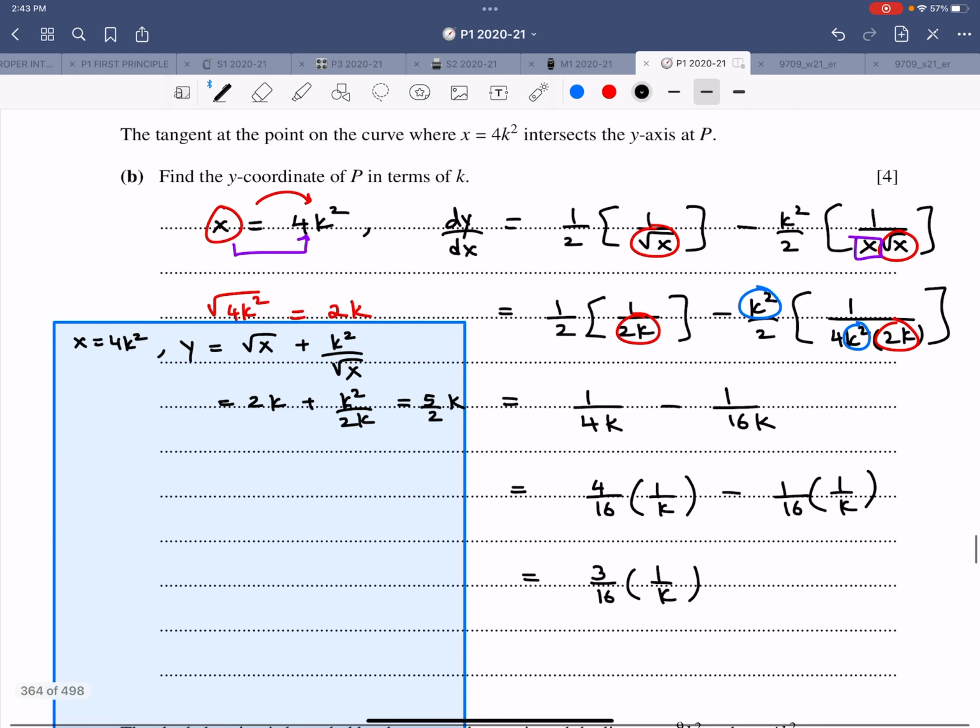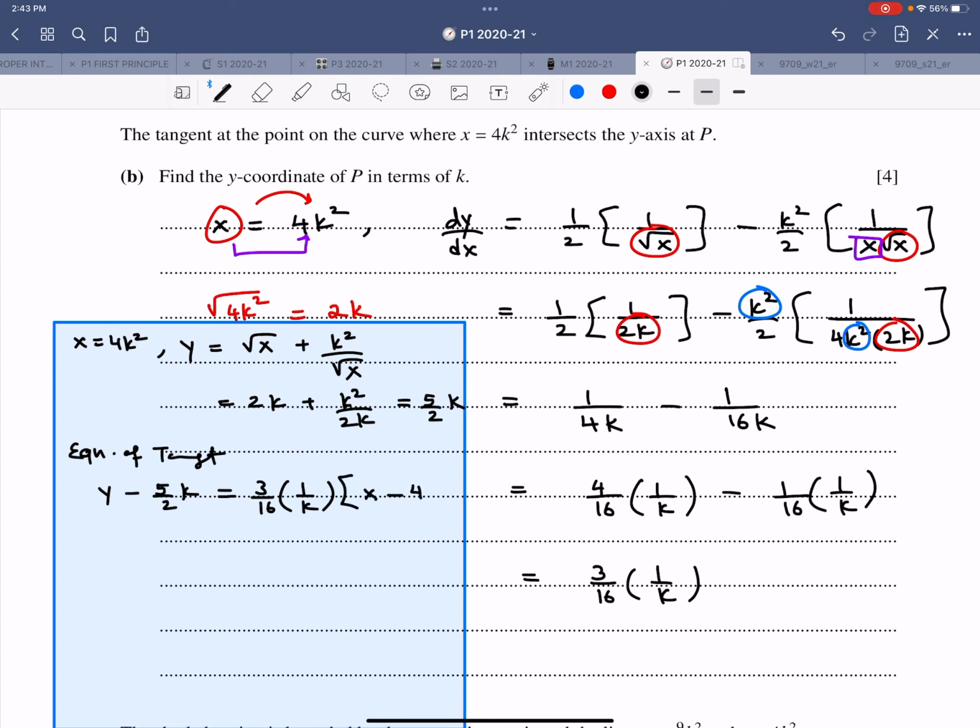Equation of tangent: y minus y1 is equals to m, x minus x1. M is 3 over 16, 1 over k. That is the value of m. Okay, that's the equation of a tangent.